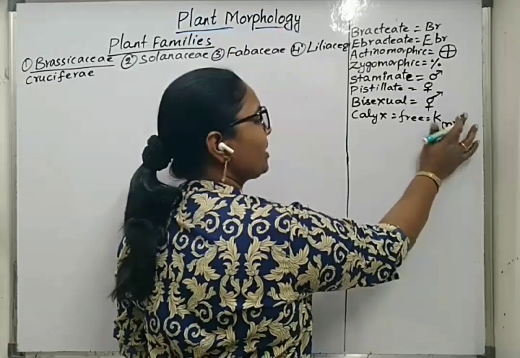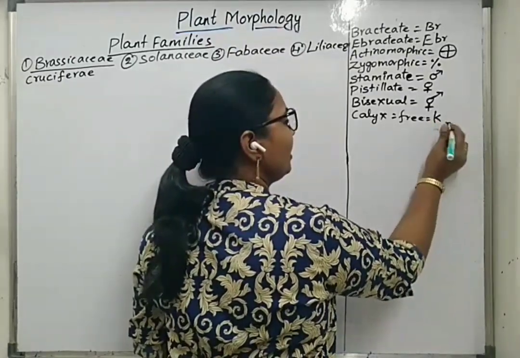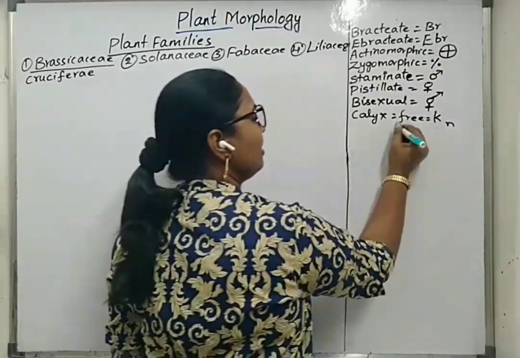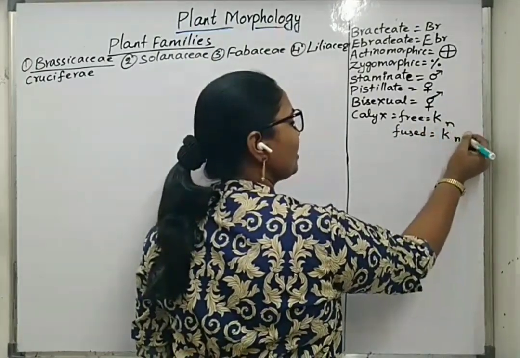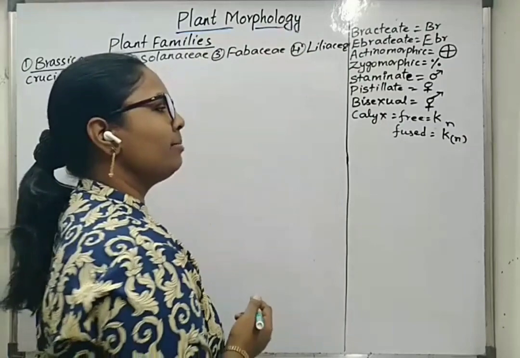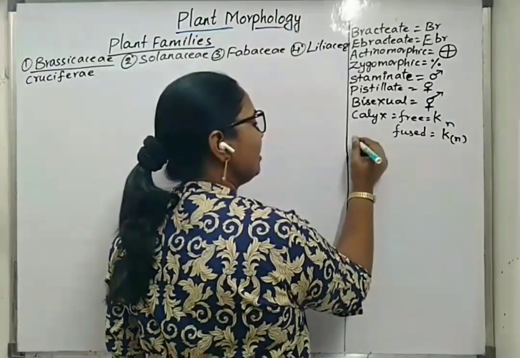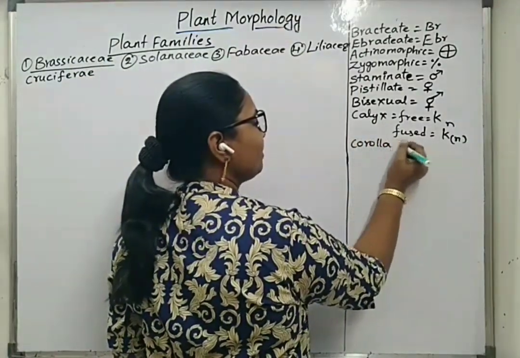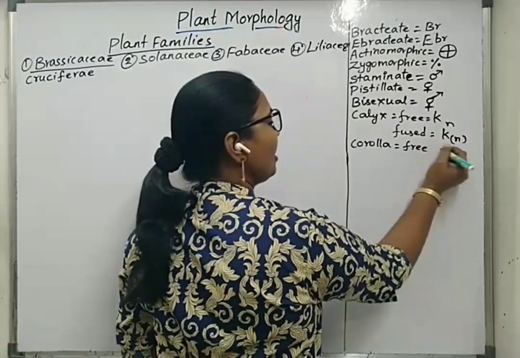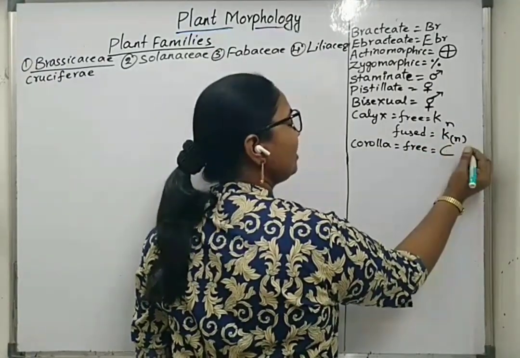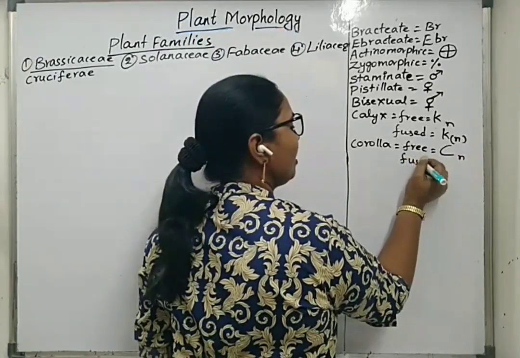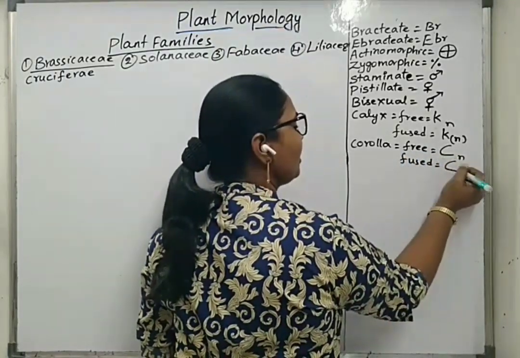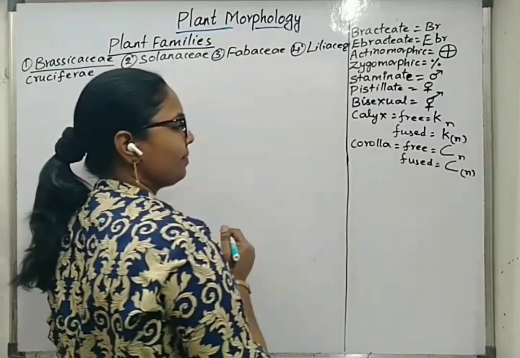This number N represents the number of sepals in a calyx. Same thing with corolla. If petals in a corolla are free, it is represented with capital C, N. If petals in a corolla are fused, it is represented with brackets.